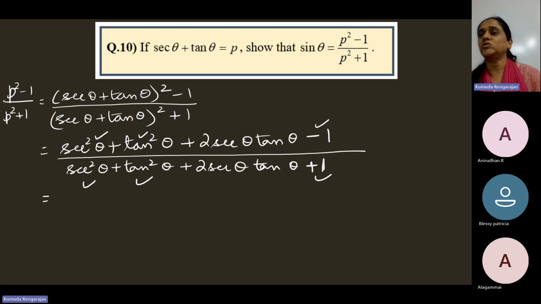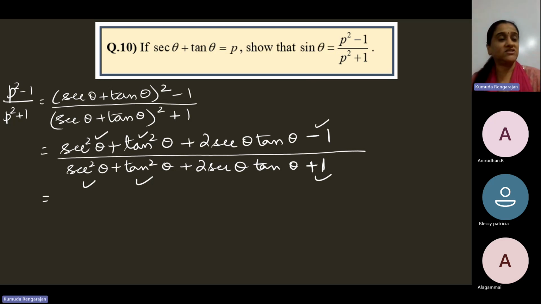See, secant square theta minus tan square theta is 1, right? So tell me, how can we replace in the numerator? Will you take secant square theta minus 1 or tan square theta minus 1? And in the denominator, will you take secant square theta plus 1 or tan square theta plus 1? Let me make myself more clear. In the numerator, we have secant square theta plus tan square theta, right?